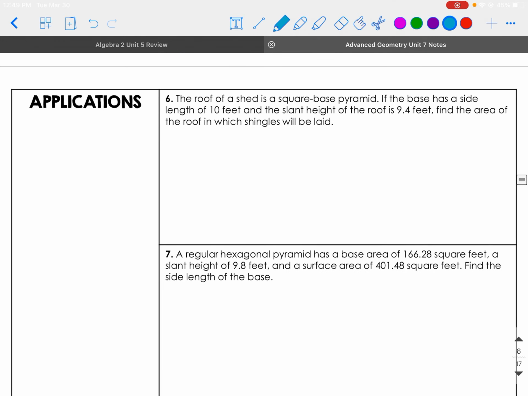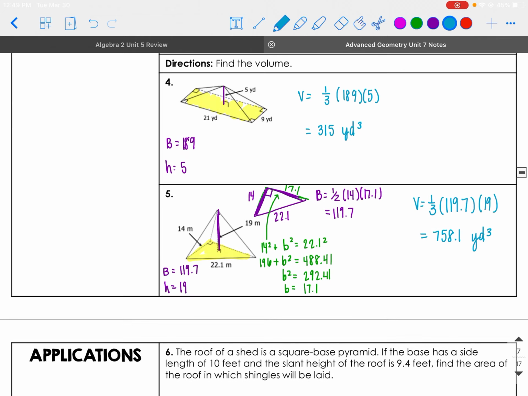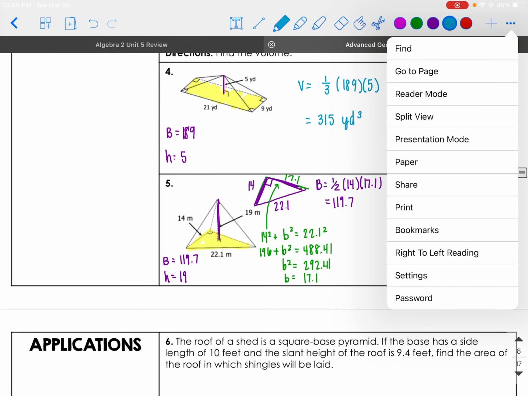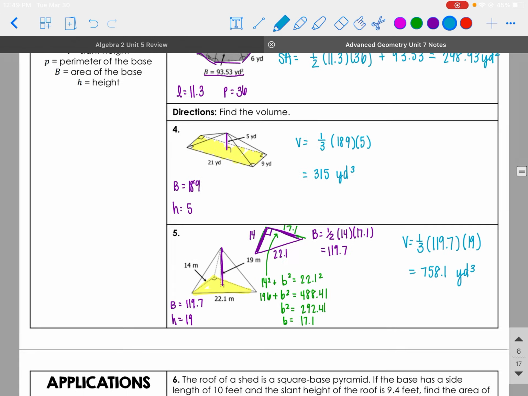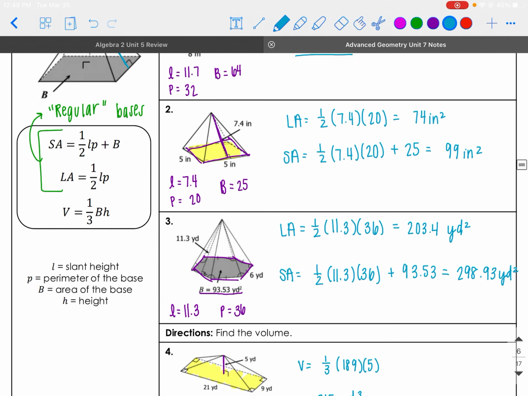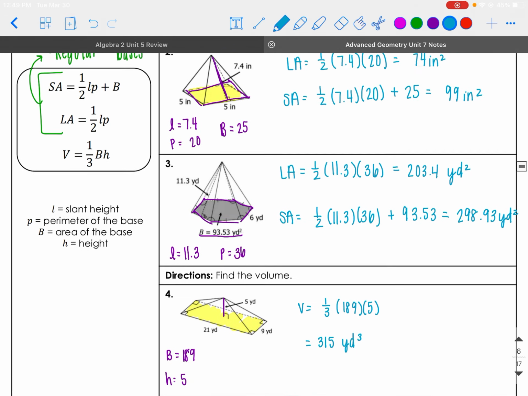All right, let's go on and do some application problems. I actually thought that I had some other questions. Before we go on to that, I won't do the full example, but let's look at number 2, for example.